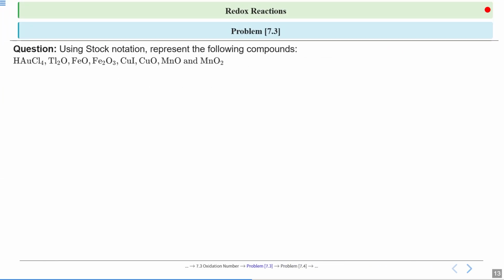Moving ahead to the question in which you have to find the stock notations for the different compounds.